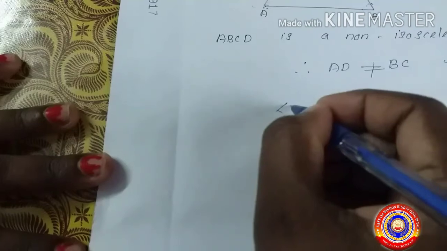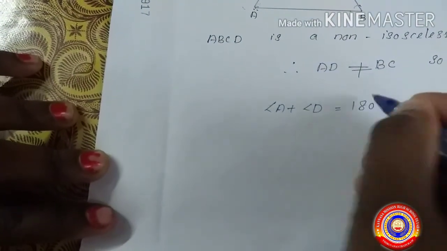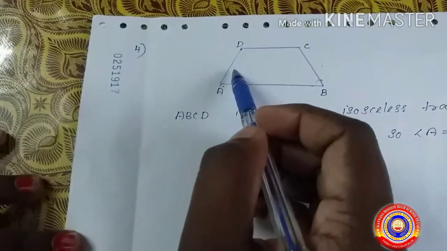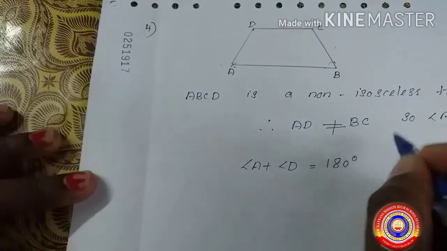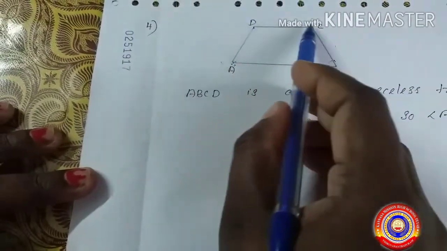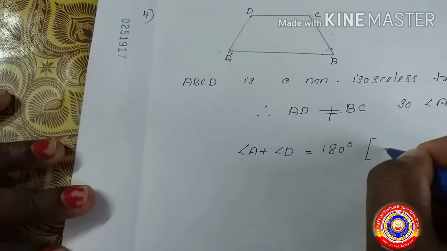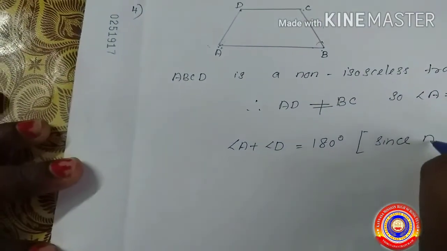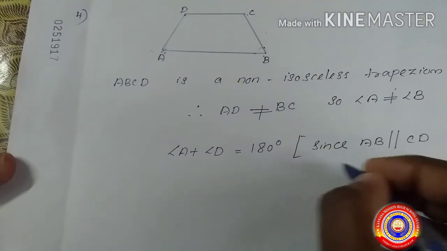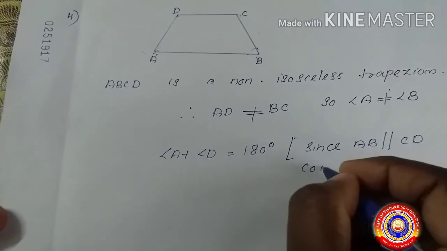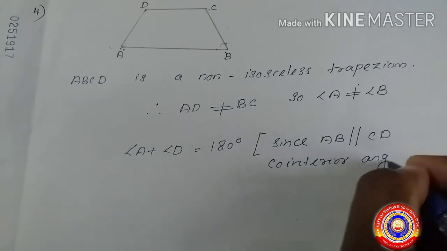Is it clear? Okay. Next, angle A plus angle D equal to 180 degrees because AB and CD are parallel lines. So angle A and angle D are co-interior angles. The sum of co-interior angles is supplementary. So angle A plus angle D equal to 180 degrees.